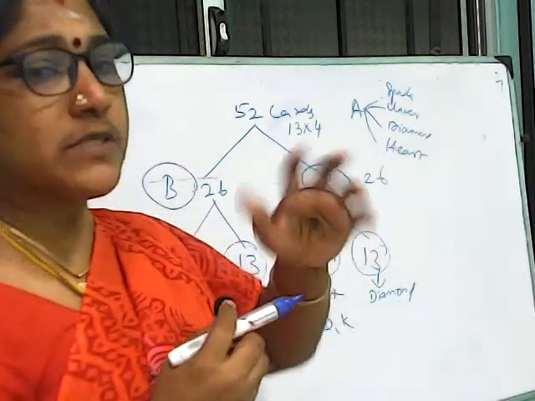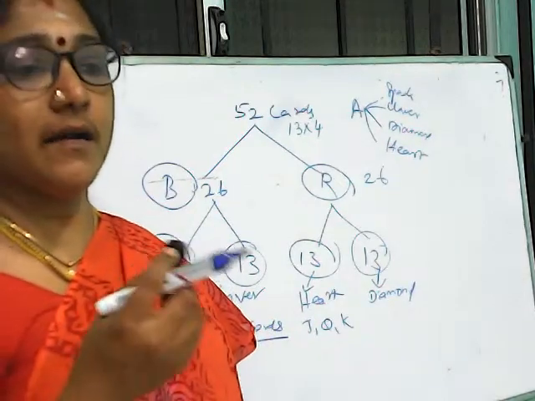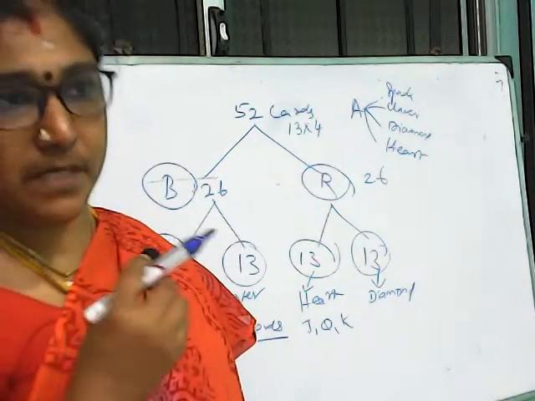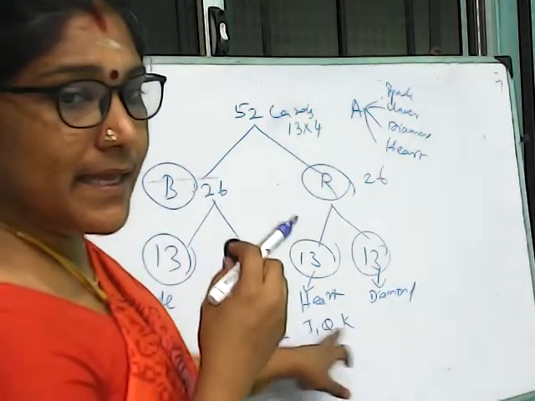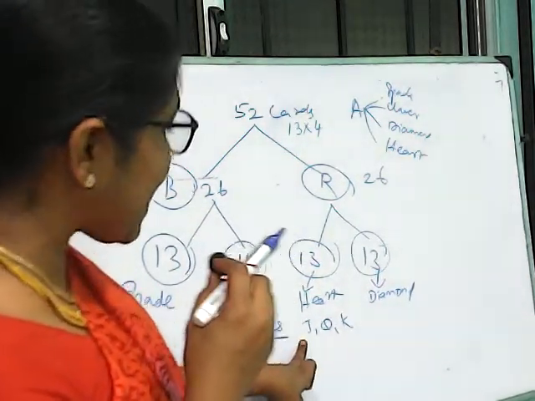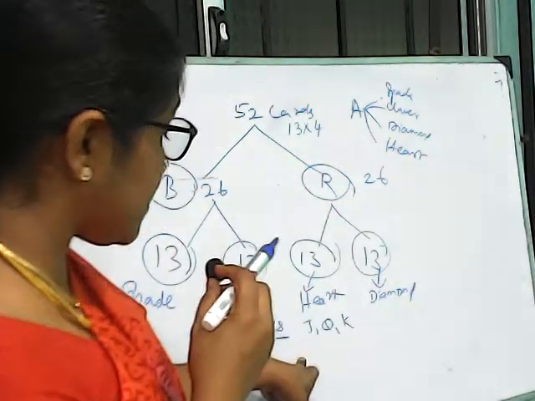Okay, now Q spade. Now, find the probability of getting red face cards. The face cards are jack, queen, king. How many of these are red? If you calculate, you will have 13 plus 13, 26.